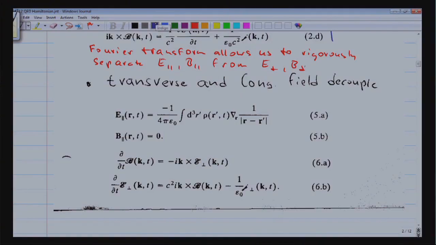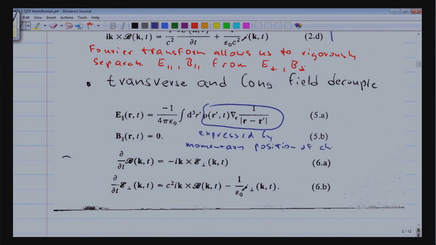Now, the fact that the parallel electric field can be expressed by the charge density, or it's expressed by the momentary position of charges, means immediately that the longitudinal field is not an independent variable or an extra degree of freedom.